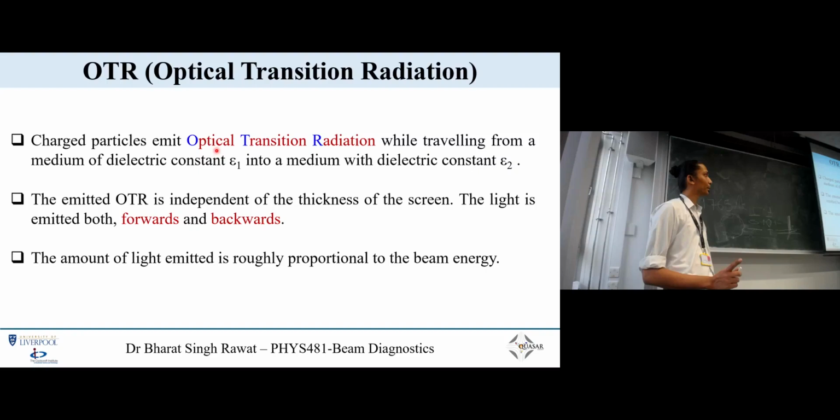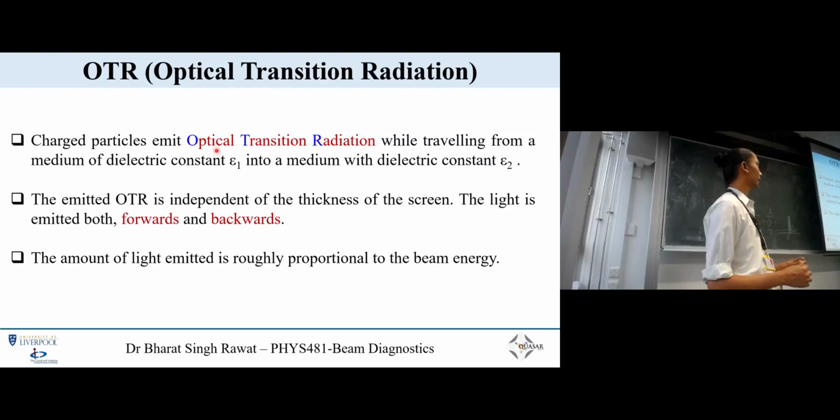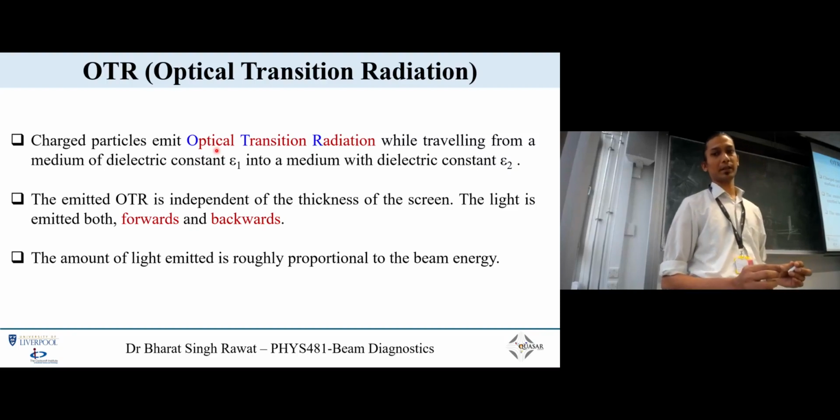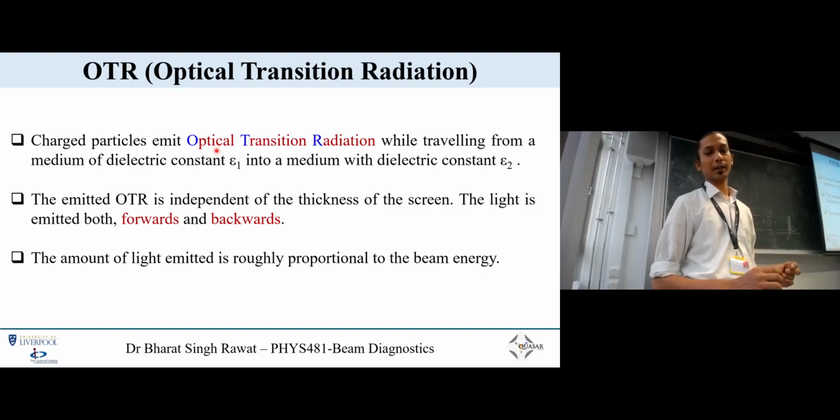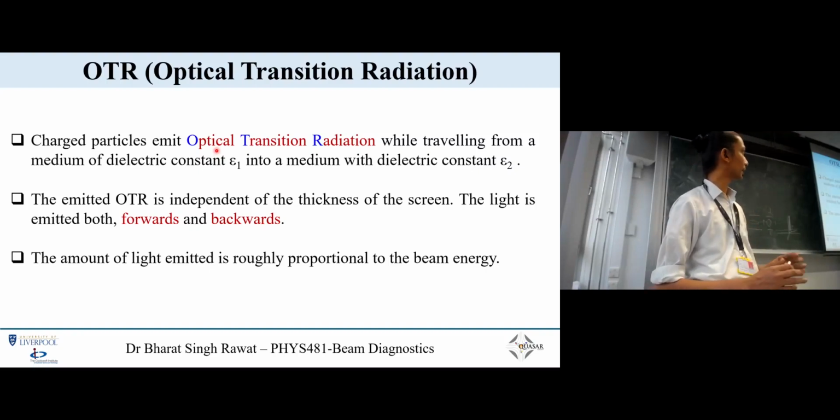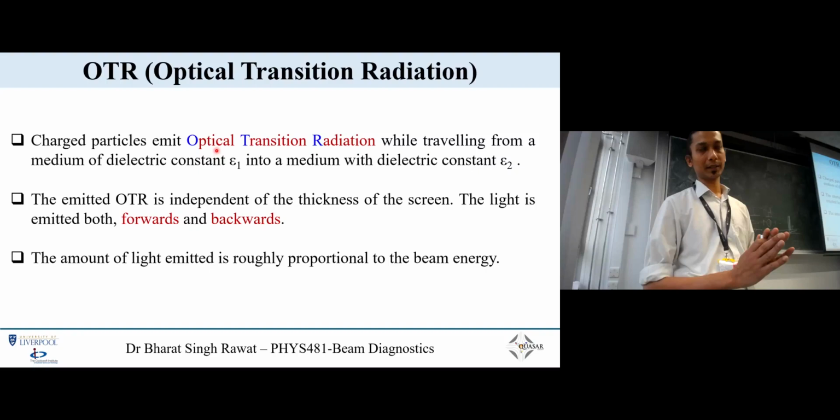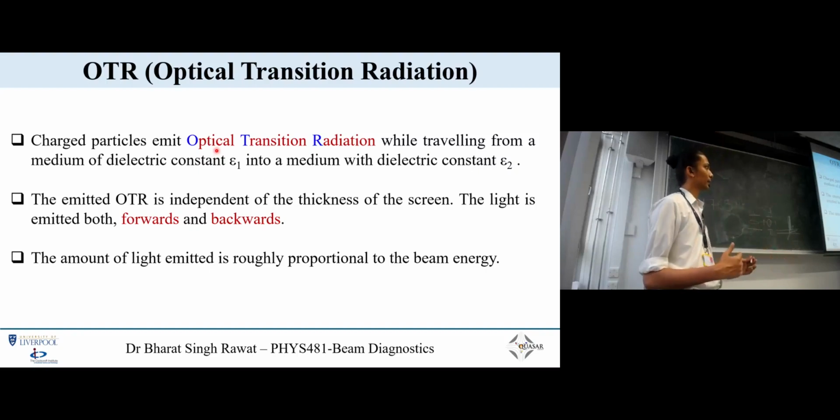And this is very special because the radiation that is emitted is independent of the thickness of the material. So you can have maybe a thick screen, and it is emitted in a specific conical angle in both forward and backward directions.